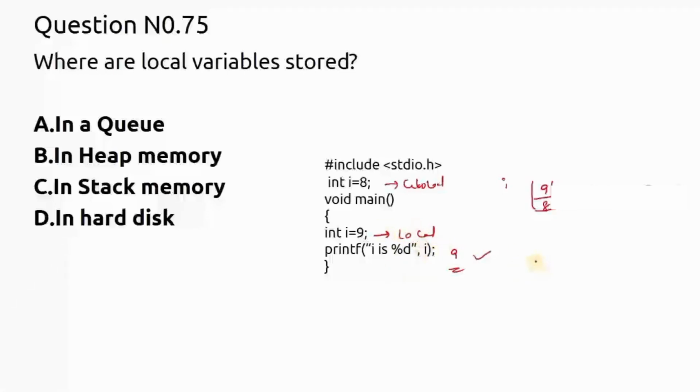So that's why this is the concept of last in first out. So definitely it's the concept of stack. That's why local variables are stored in stack memory. So remember this point. Whenever you declare a variable both local as well as global, first it will take the local value only. So the answer C is correct.